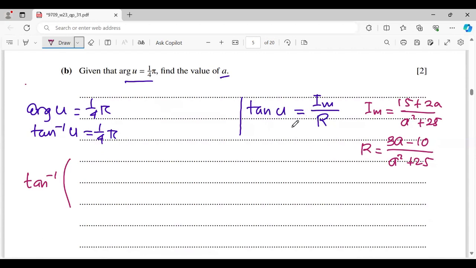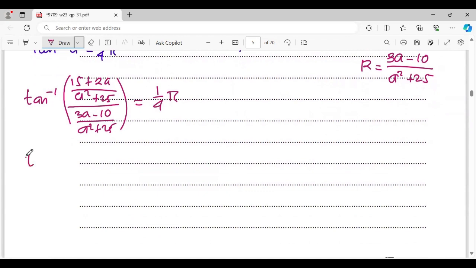Based on this information, that becomes the imaginary part 15 plus 2a over a squared plus 25, over 3a minus 10 over a squared plus 25, equals 1 over 4 pi.